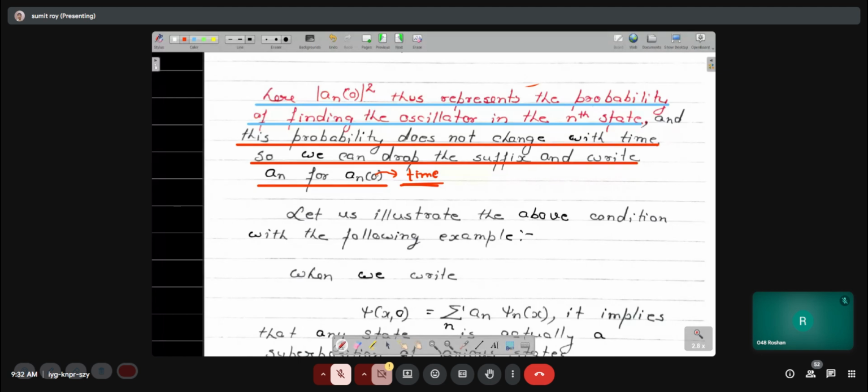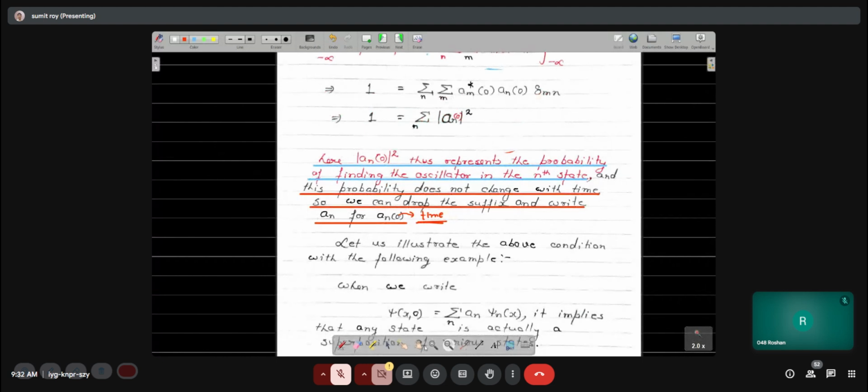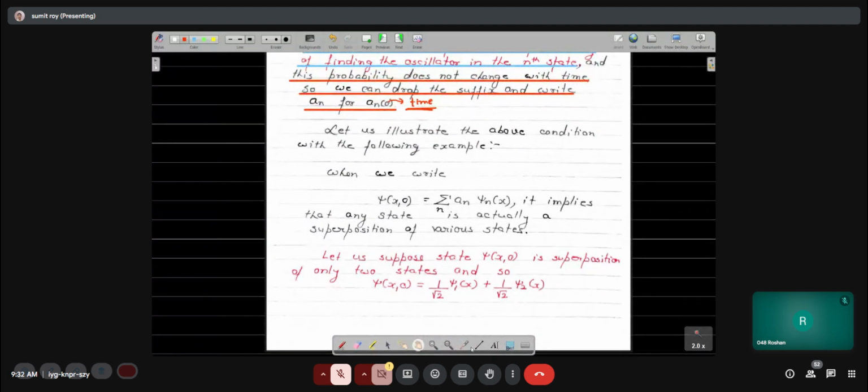अब एक एग्जाम्पल दिया जा रहा है, प्योरली एग्जाम्पल. छोटा कम नंबर ऑफ स्टेट्स को लेकर एक एग्जाम्पल दिया जा रहा है. Let us illustrate the above condition with the following example. When we write ψ(x,0), a_n0 लिख रहे थे लेकिन अब और नहीं लिख रहे हैं क्योंकि a_n टाइम से इंडिपेंडेंट है. ψ_n(x), it implies that any state is actually a superposition of various states.